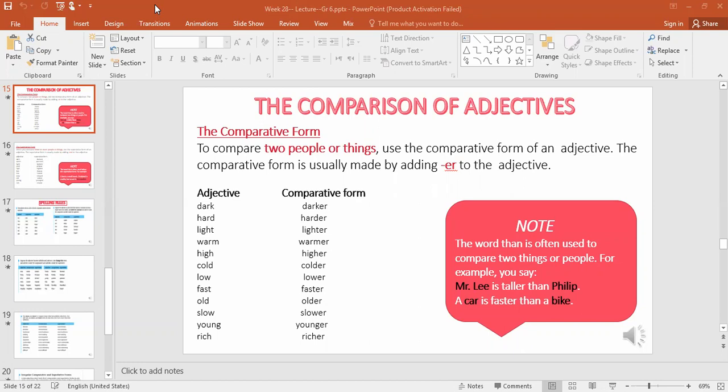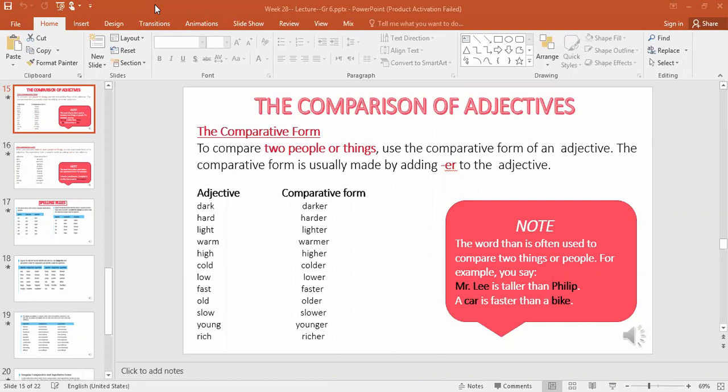So we are going to start with the comparison of adjectives. When we say comparison of adjectives, it means I'm using adjectives to compare. There are two parts of comparison of adjectives. The first part is the comparative adjective, and the second part is the superlative adjective.